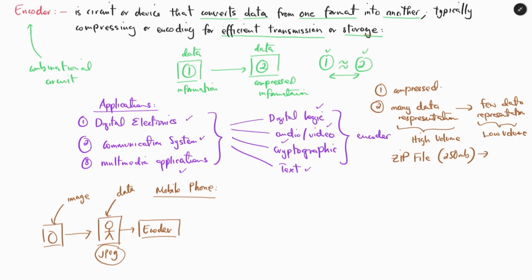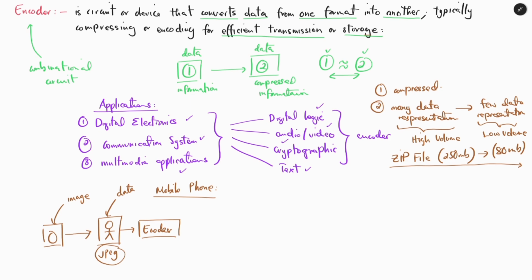And when we compress it, the same file with the same information becomes, for example, 80 megabytes. So this shows the volume, as in the capacity, going from high volume to low volume. This is what the encoder does to our information.